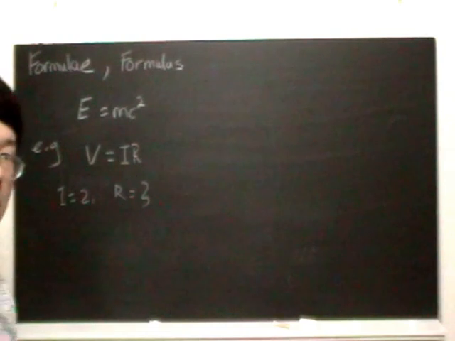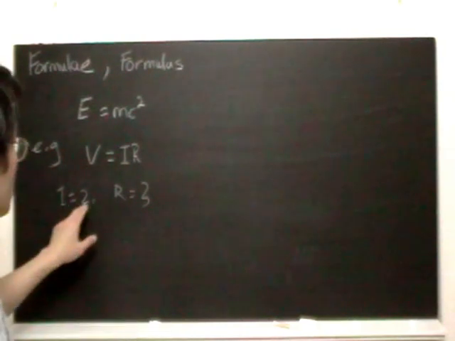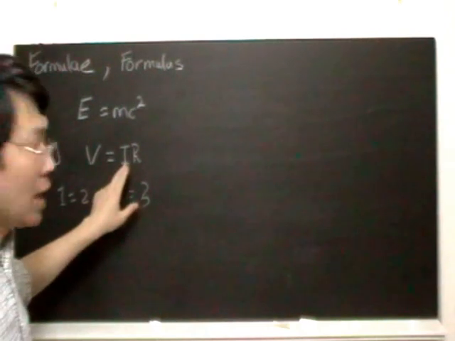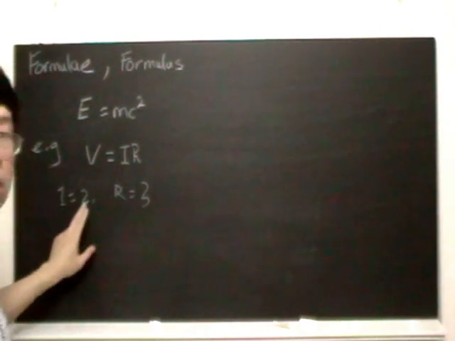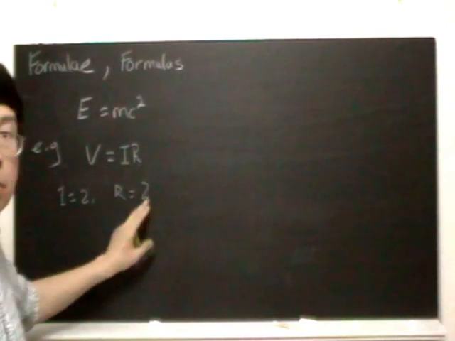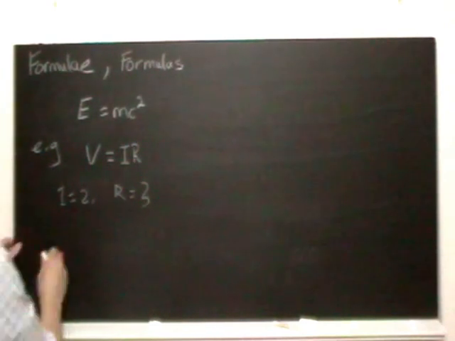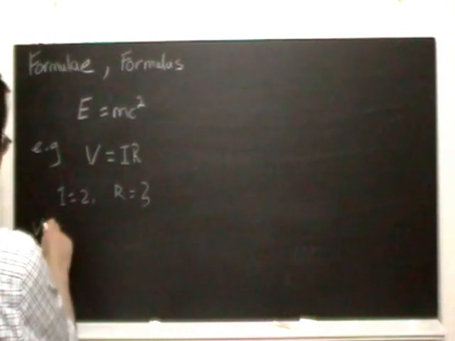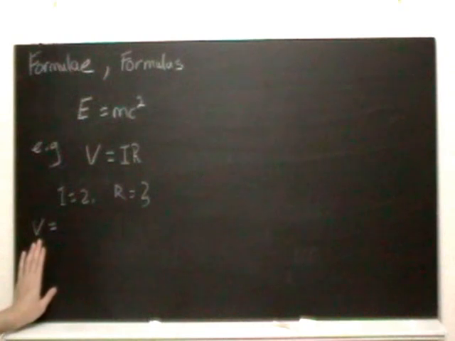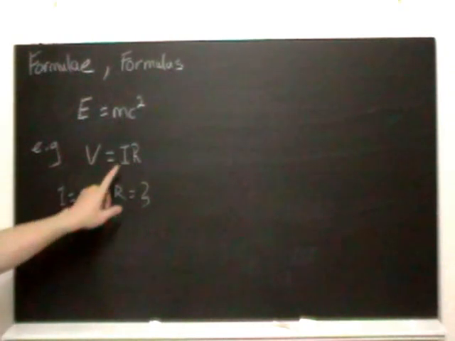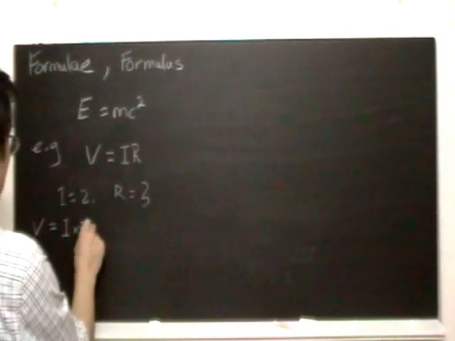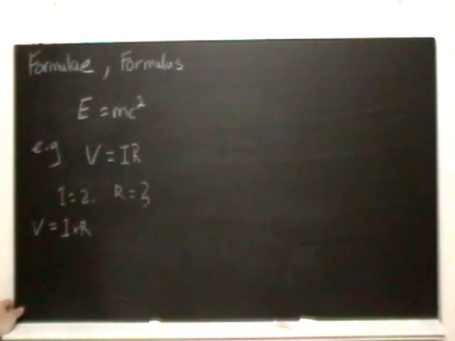The way to do that is to replace I in the formula by 2 and the R in the formula by 3. Right? At the same time, we must also remember that IR means I times R. Okay?